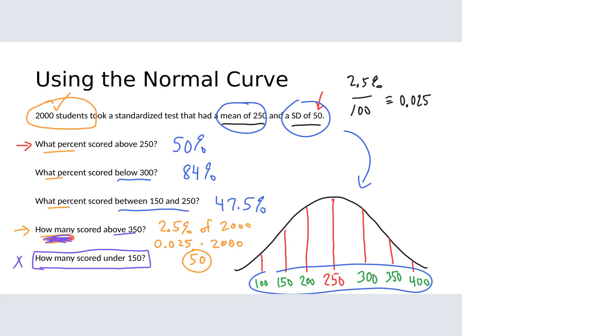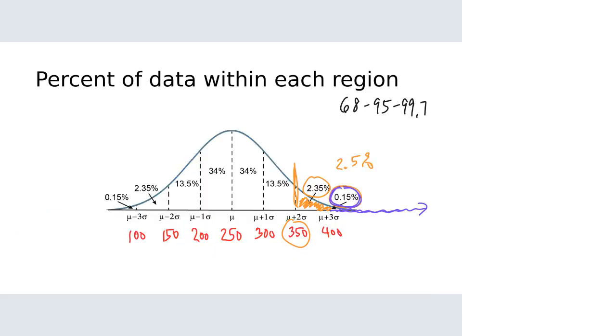So we want to know, out of these 2,000 students that took the test, how many of those individual people, not a percent answer, scored above 350? The way we find that is we first use our picture to figure out the percent that scored above 350. And we can see here that 2.5% of the students scored above 350.